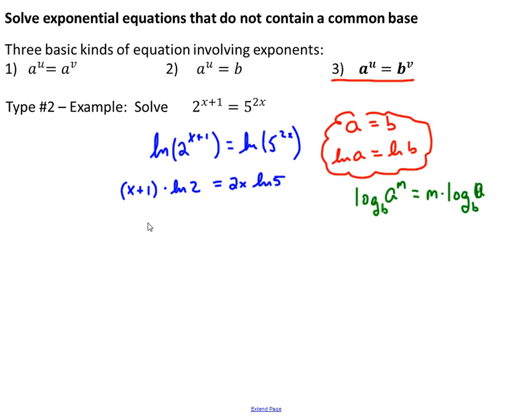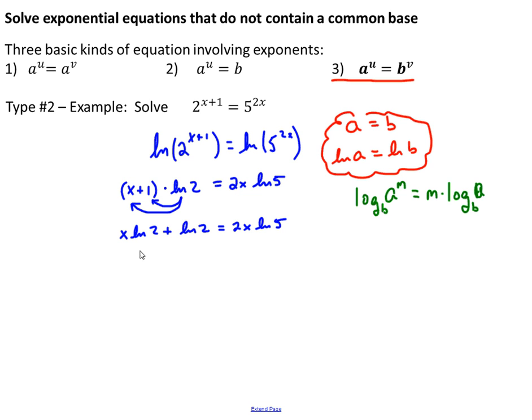And if we want to isolate x, that means that any x term that we see in our expression has to be gathered to one side of the equation. So the first thing I should probably do right here is distribute this natural log of 2 to both terms in the parentheses. So I get this: x times the natural logarithm of 2 plus 1 times the natural logarithm of 2 equals 2x times the natural logarithm of 5.